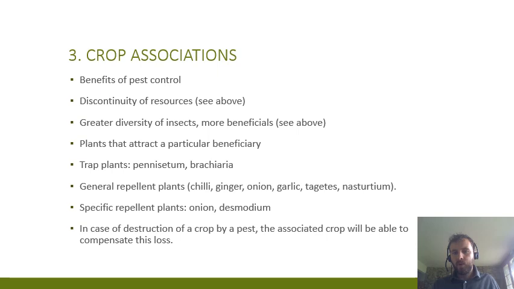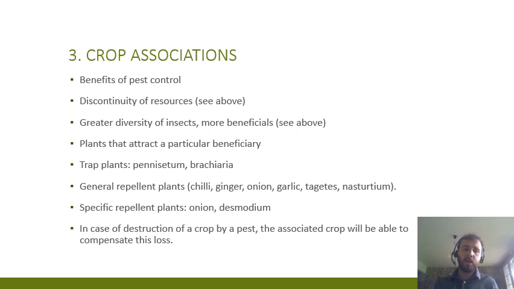So what we saw at the beginning, it will be slower and more difficult for pests to spread around the field if you have different crops on it. The second aspect that we already talked about is that we will have a higher diversity of crops, so we will have a higher diversity of insects, and so we will have more beneficials and more predators.